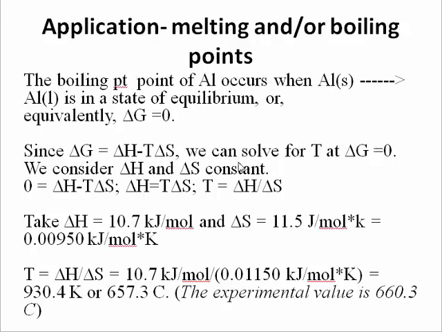We consider delta H and delta S constant. 0 is delta H minus T delta S implies that T is delta H over delta S. Delta H for this reaction, according to tables, is 10.7 kilojoules per mole, and delta S is 11.5 joules per mole Kelvin. These will be values at 25 C, but we're assuming they're constant.